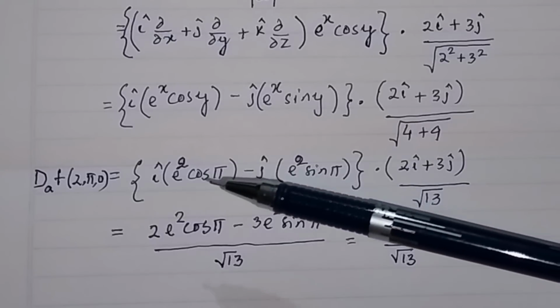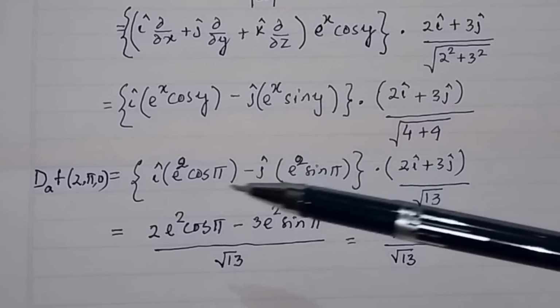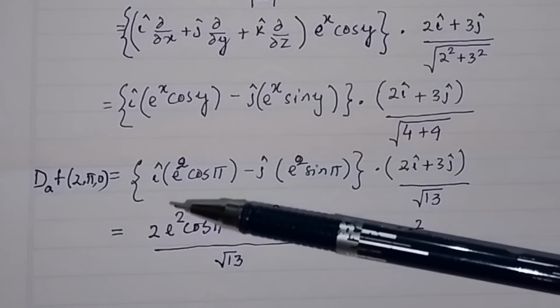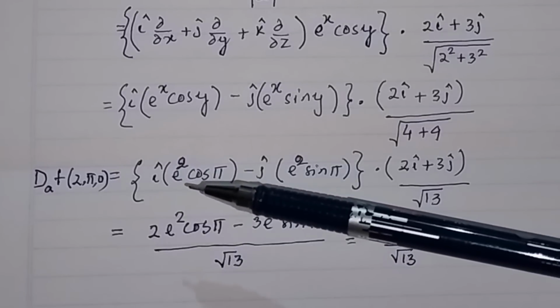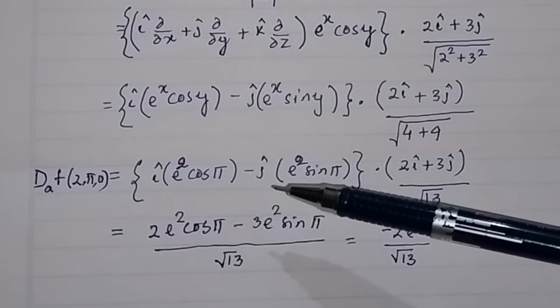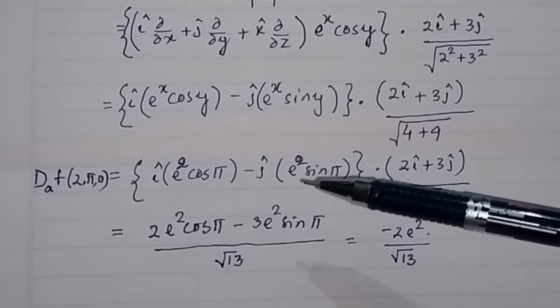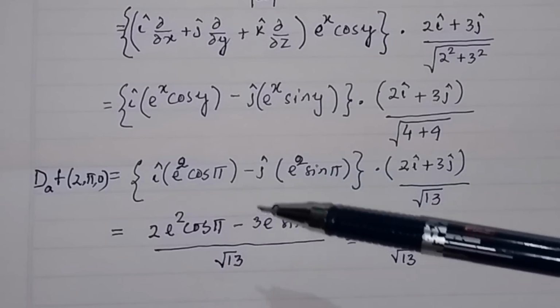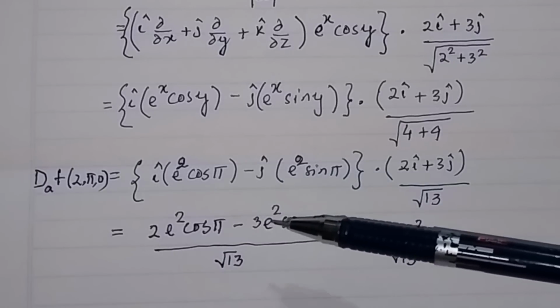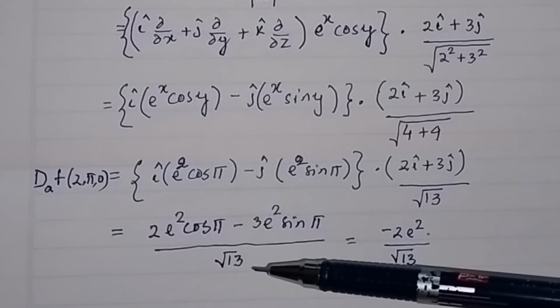And if you solve it, you see here i cap dot i cap is equal to 1, so e squared into 2, so 2 e squared into cos pi. Similarly j cap dot j cap is equal to 1, so 3 e squared, here is minus, so minus 3 e squared into sin pi, divided by the square root of 13.